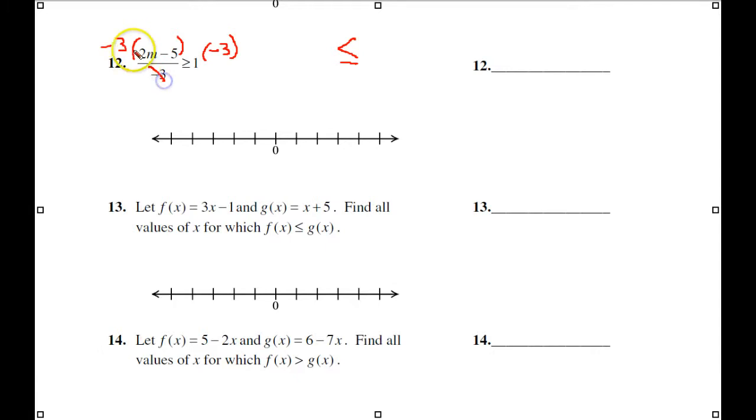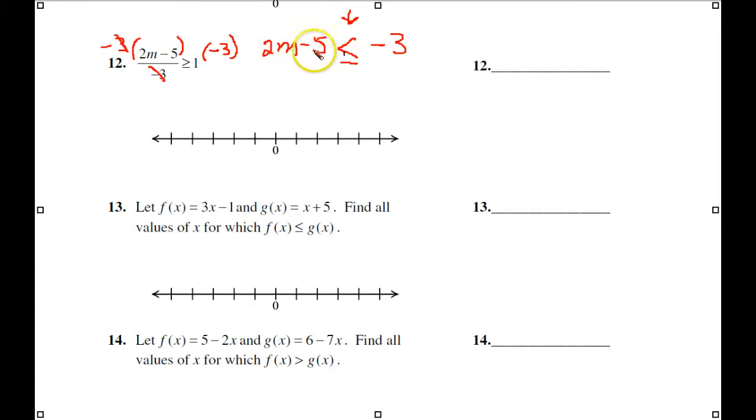So now the -3's cancel out, and we get 2m minus 5, and this will be a -3 there. The difference, we got rid of the fractions, but we had to multiply by a negative. When we do that, we have to change the direction, a very important thing to keep it true.